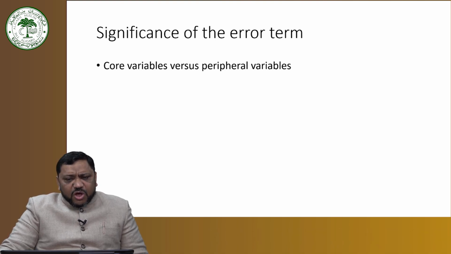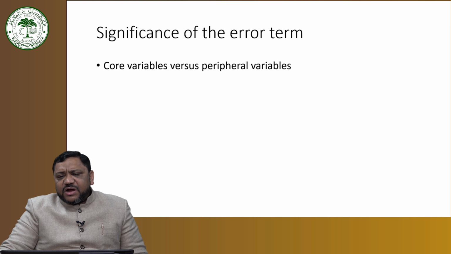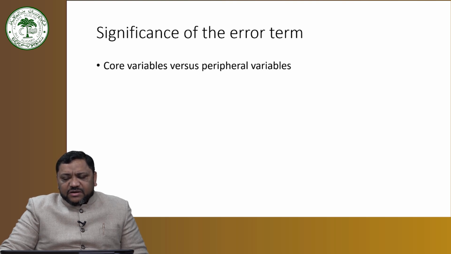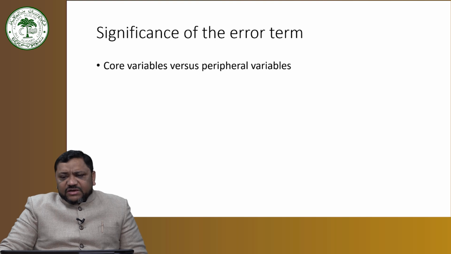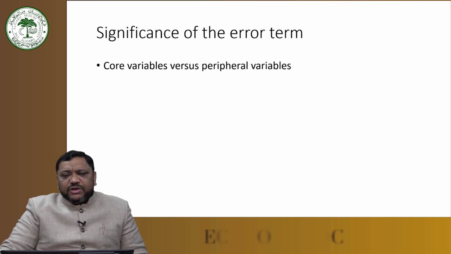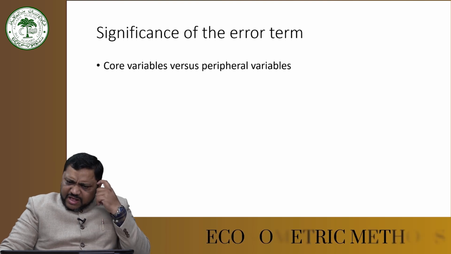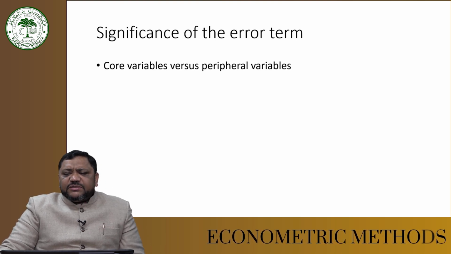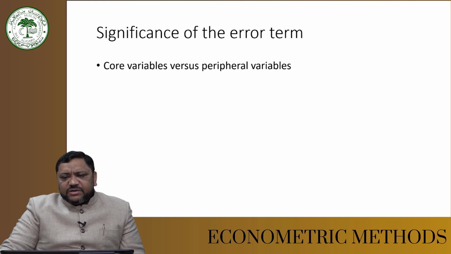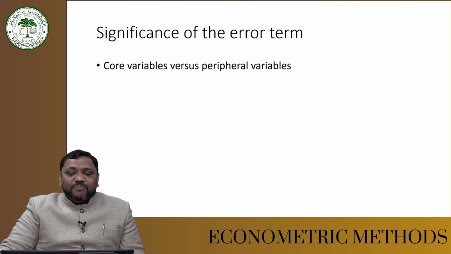However, it is plausible that the collective influence of these variables, either entirely or partially, is minimal and lacks systematic patterns. From a practical standpoint and considering cost, it may not be worthwhile to explicitly incorporate them into the model. The expectation is that their cumulative impact can be regarded as a random variable which we denote by u.